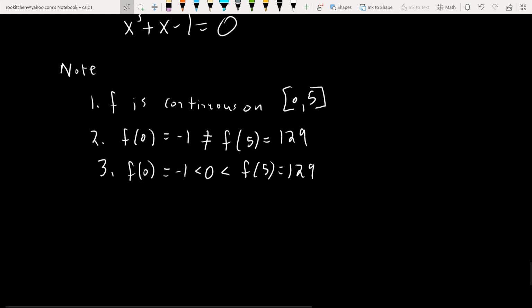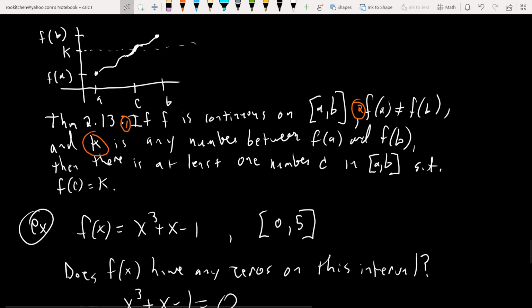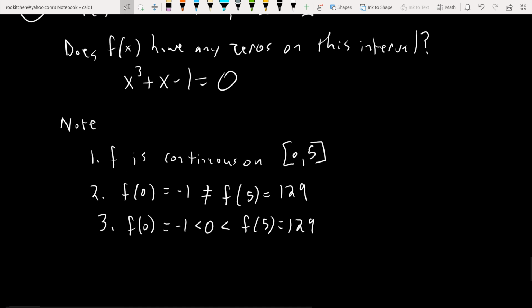Okay, so what I'm doing is saying that all three of these criteria that you need in the theorem are holding. So therefore, there is at least one number c in the interval such that f of c is equal to 0.